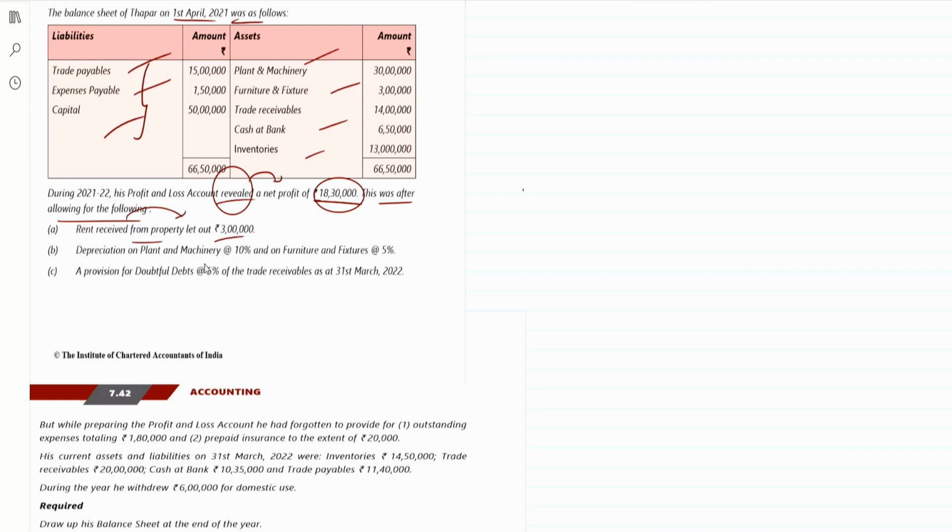Okay, clear? And plant and machinery 10%, furniture and fixtures 5%, a provision for doubtful debts 5%, and trade receivables at 31st March 2022. But while preparing the profit and loss account, he had forgotten to provide what? Outstanding expenses totaling 1,80,000 and prepaid expenses of 20,000. We need to correct this profit and loss account first.